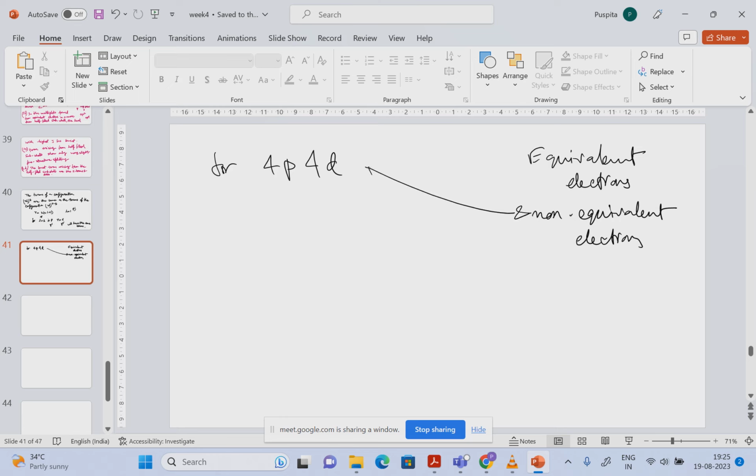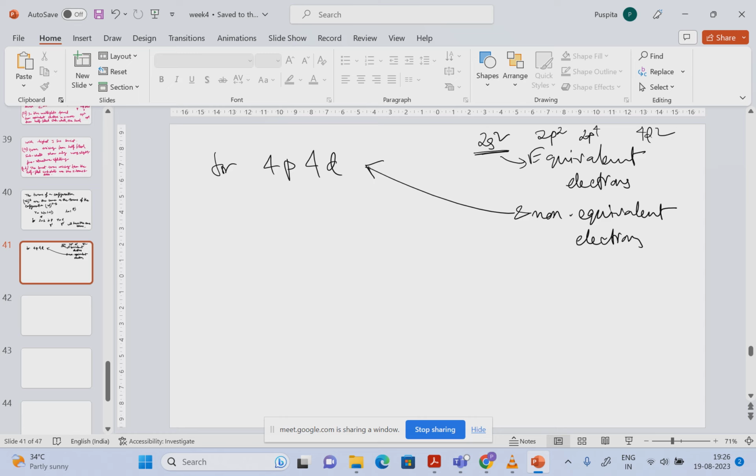Like this is non-equivalent electrons. 2s2 or 2p2 or 2p4, 4d2, these are equivalent electrons. For equivalent electrons, there is an extra layer of conditioning to have these LS coupling terms. Okay, so it is non-equivalent electrons.